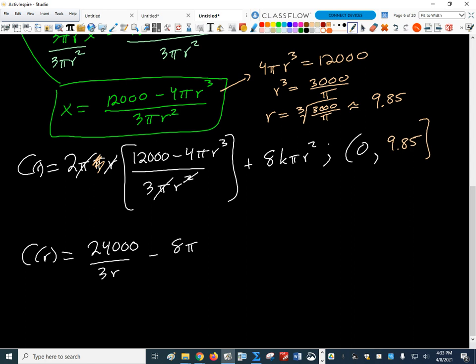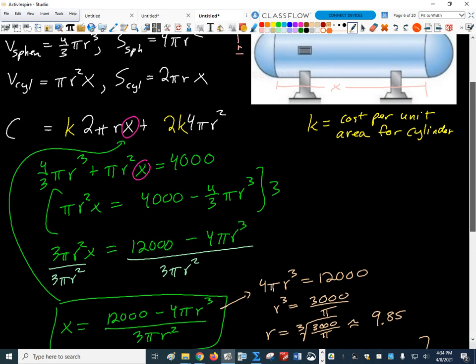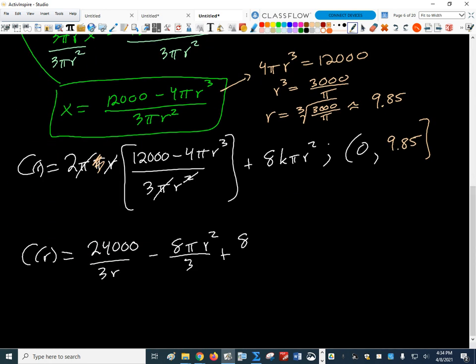And then here I could cancel. I've got r cubed over r, so I could reduce that to an r squared over 3 plus 8. Oh, you know what, that pi was supposed to be a k, wasn't it? Yeah, I wrote it as a pi, but it's supposed to be a k, so we've got to include that.